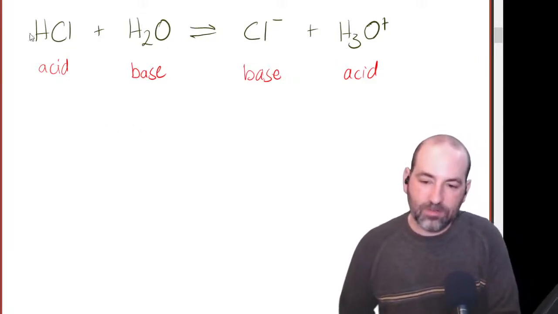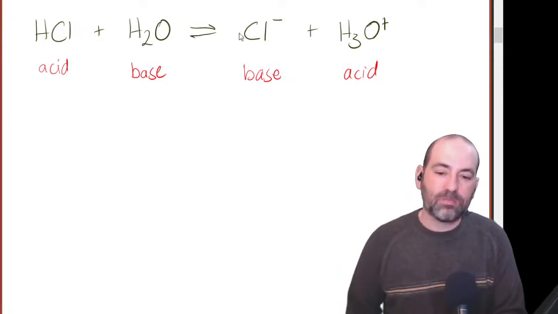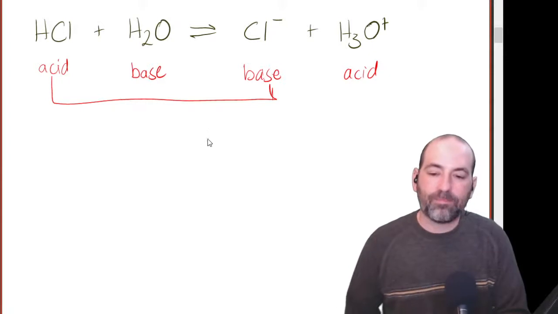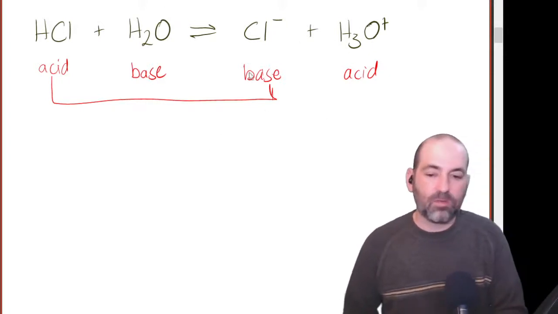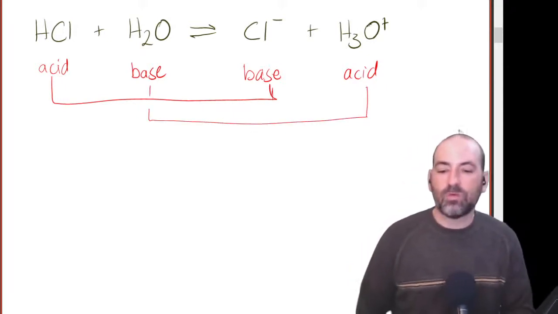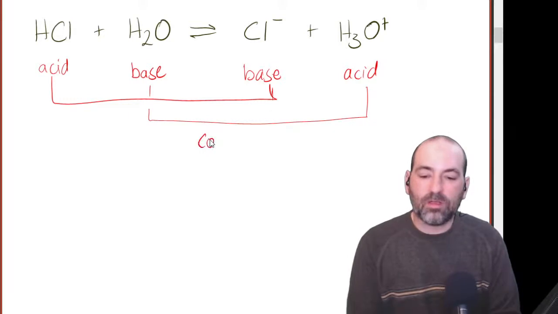So for example, HCl loses its H and becomes Cl-. Those have a special relationship. Similarly here, H2O gains an H and becomes H3O+. Those have a special relationship as well, and that relationship is called conjugate.